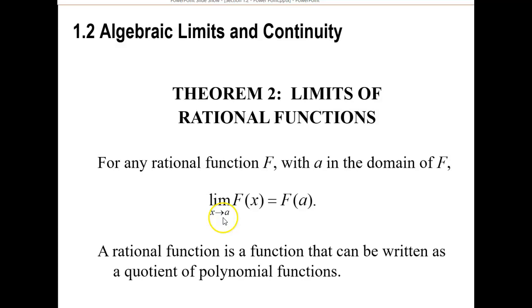So in other words, you can evaluate by direct substitution. You can plug in a into the function and get the value without having to go through all of your properties. A rational function means it's a function that can be written as a quotient of polynomials. So it's either just a polynomial by itself, or it's the quotient or division of two polynomials. Those are the types of functions that this would apply to.